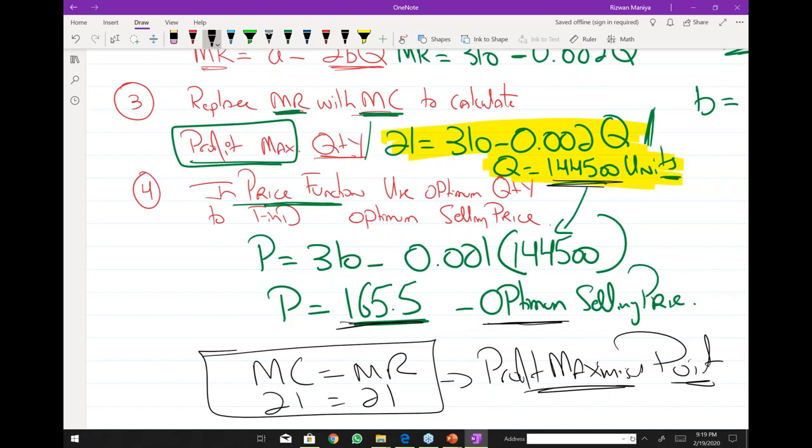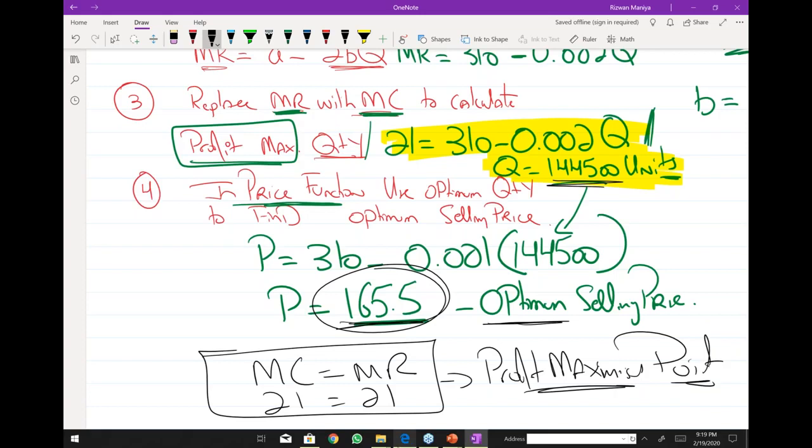The price that you should charge is 165.5. So I hope this is clear.